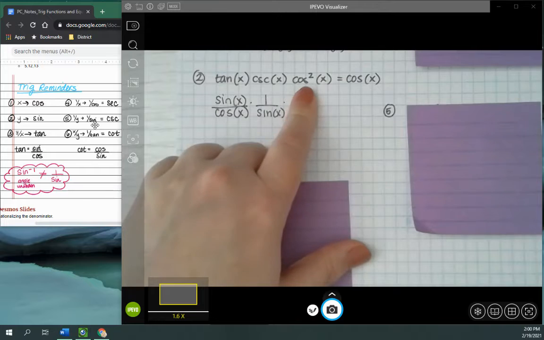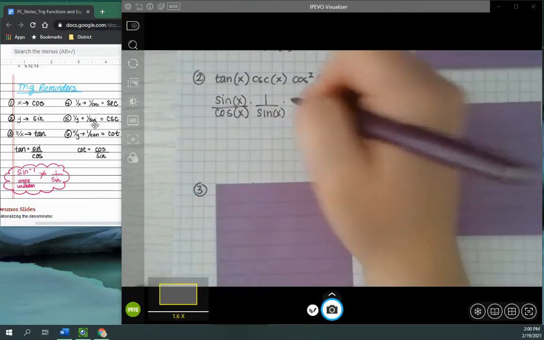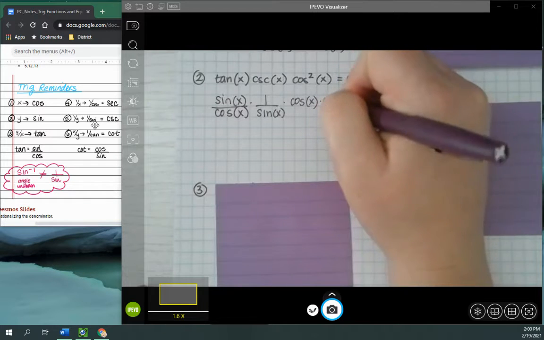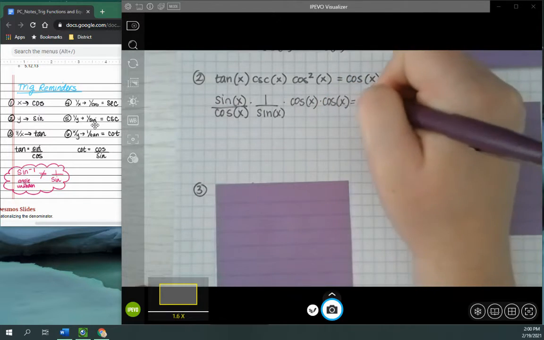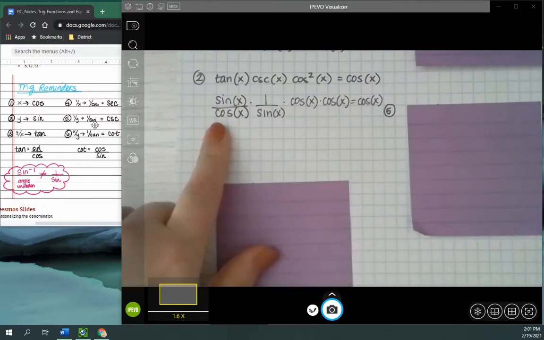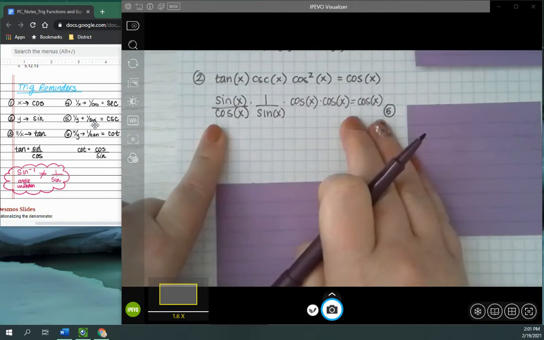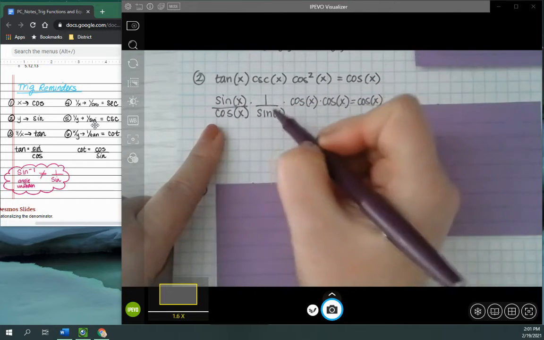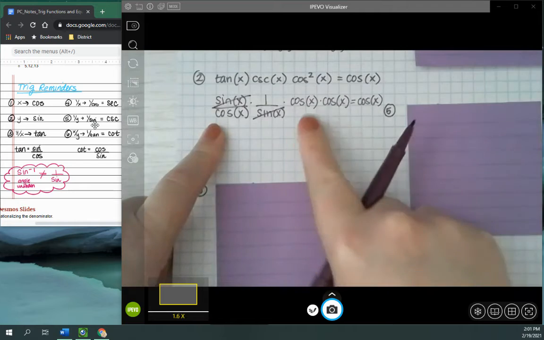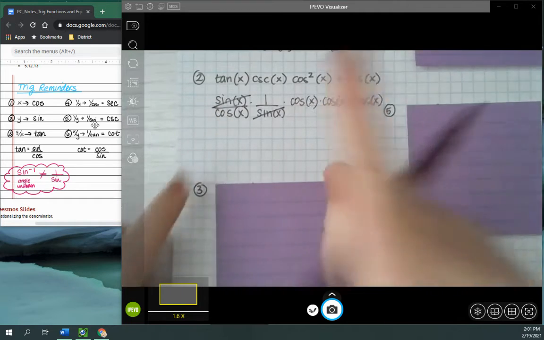Now, cosine squared just means there are 2 of them. So we're going to go cosine x is equal to cosine x. At least we're hoping it will. So now let's go through and see if I can simplify anything. I see a sine on the top and a sine on the bottom, so that reduces out to 1. Again, I have a cosine on the top and a cosine on the bottom.